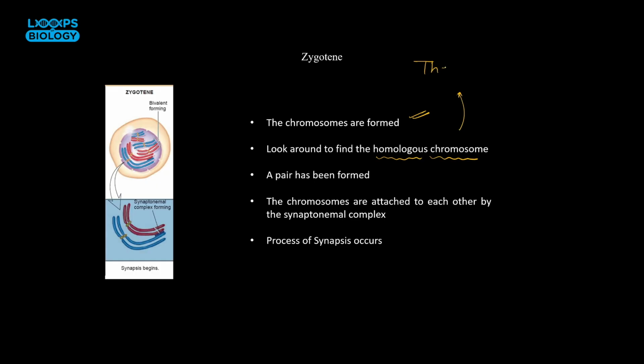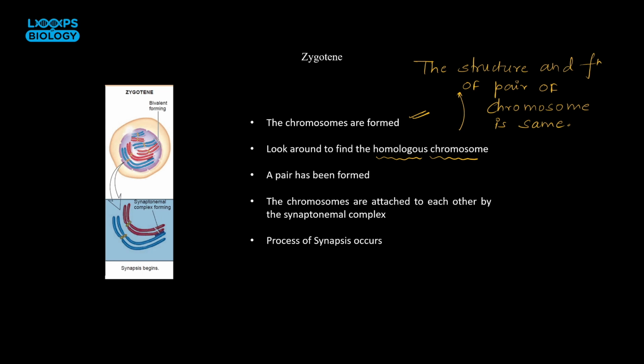The structure and function of the pair of chromosomes is the same, and such chromosomes are called homologous chromosomes. The chromosomes start to look around: where is my companion? I can't see that companion in the complete nucleoplasm. That is the question the chromosome is going to ask, and these chromosomes are attached to each other.